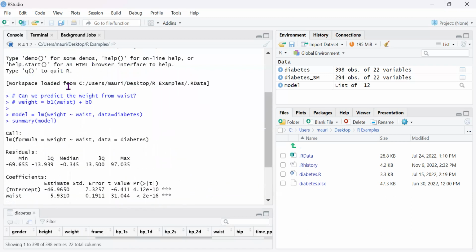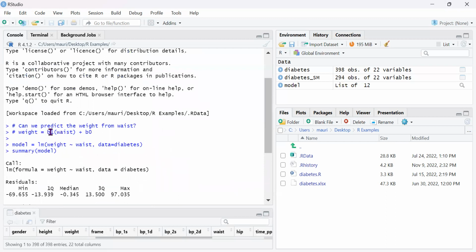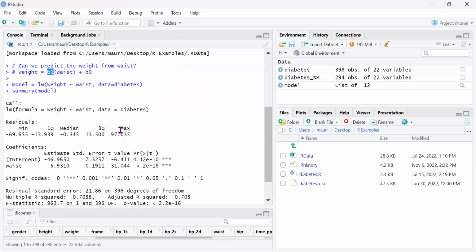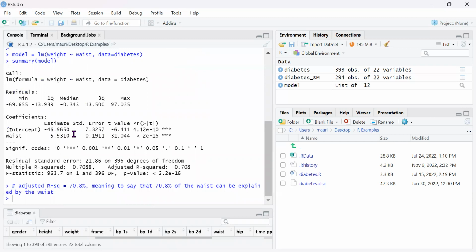And what are the coefficients B1 and B0, or beta 1 and beta 0? This is the estimate. So our equation will be weight equals the waistline, which is 5.931.